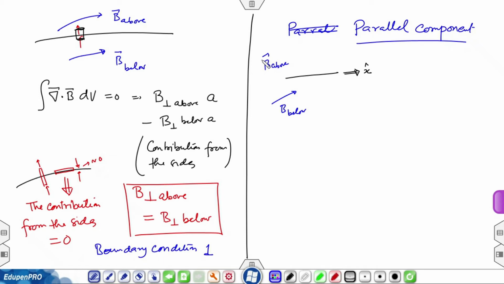We have already established that the perpendicular component is continuous, and let me take the direction going up as y, and y is also the normal to the boundary surface.